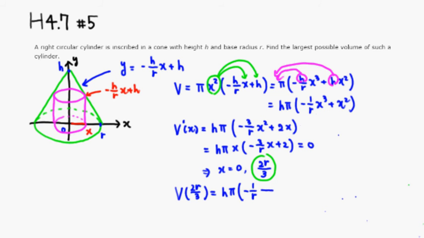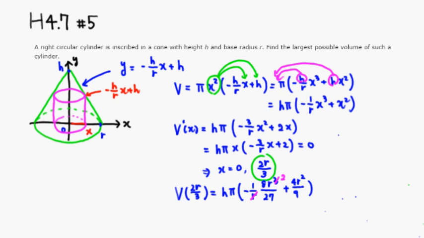That's 2r cubed, so 8r cubed over 27, and we can cancel an r, so it's r squared. Then plus x squared, with x being 2r over 3, so 4r squared over 9.